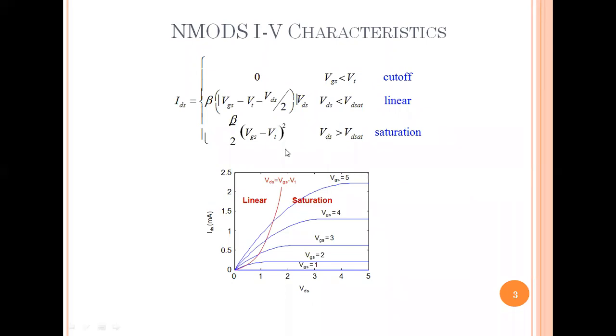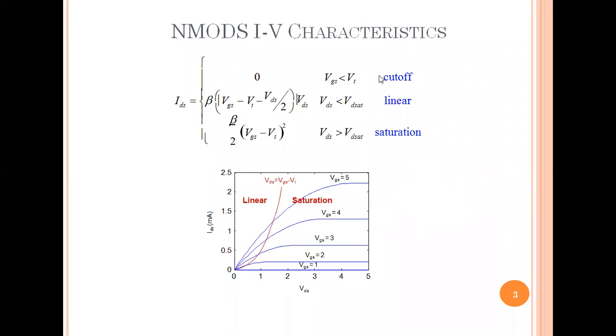Always we know the input characteristics of the MOSFET, VGS versus ID, and the output characteristics, ID versus VDS. In the input characteristics, VGS is on the x-axis. At the point on the VGS where the MOSFET starts to flow drain current from source to drain, that voltage is called VT, the threshold voltage.